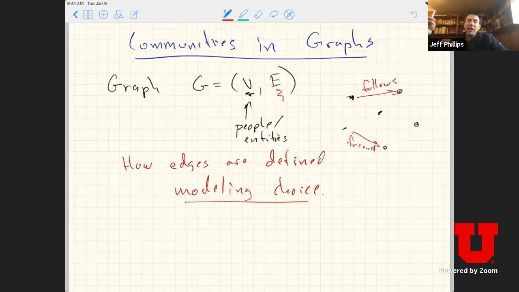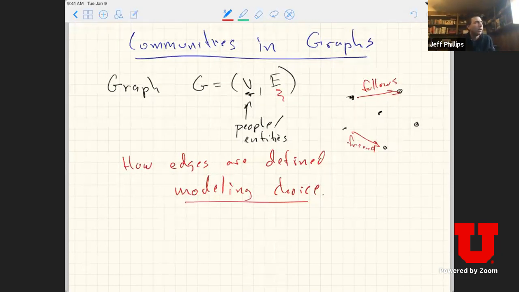And this corresponds with the notion of distance when we're dealing with things like clustering and dimensionality reduction, where if I change the notion of what an edge means, it completely changes the structure of the graph and completely changes what sort of communities I end up finding.